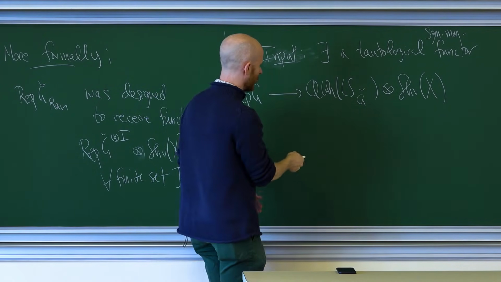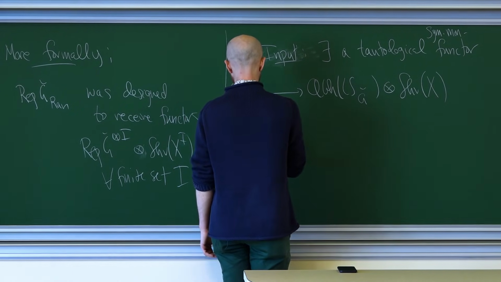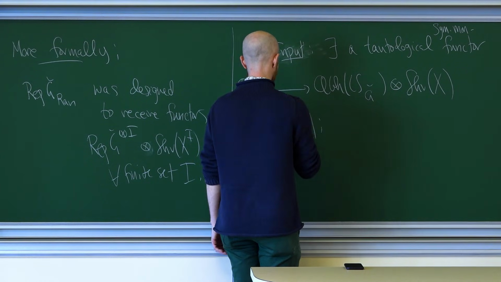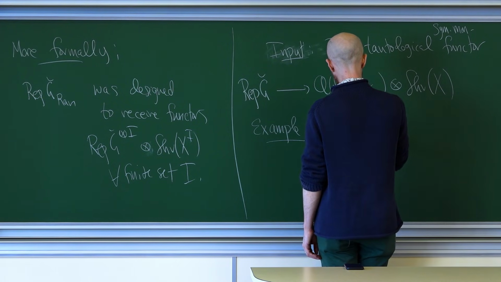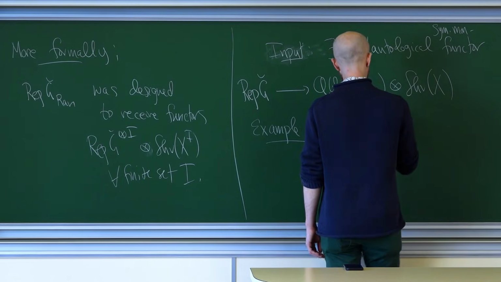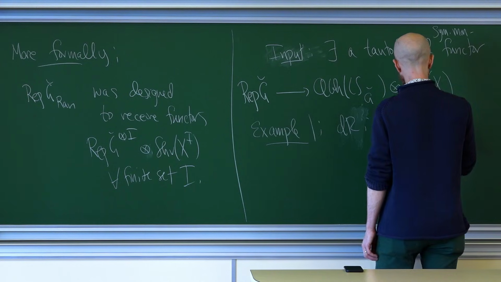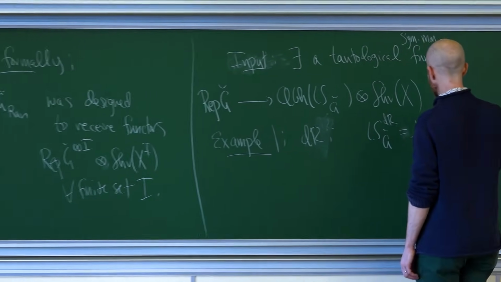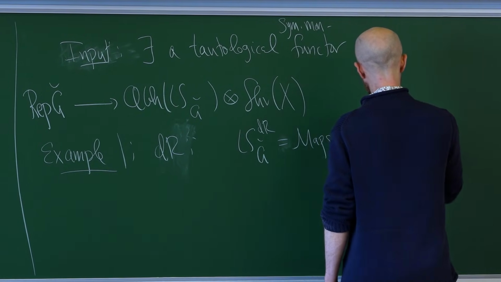Let me explain how this works. In example 1, LocSys G check, this is the de Rham setting. So LocSys G check de Rham was the space of maps from X de Rham into BG check.